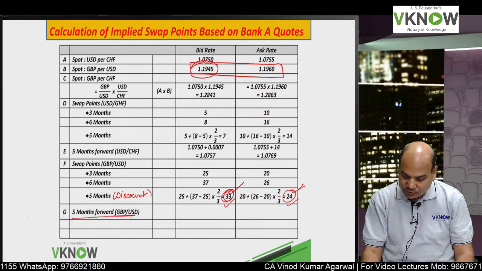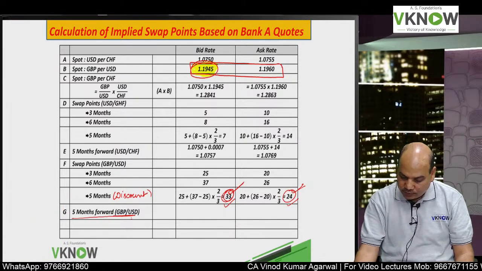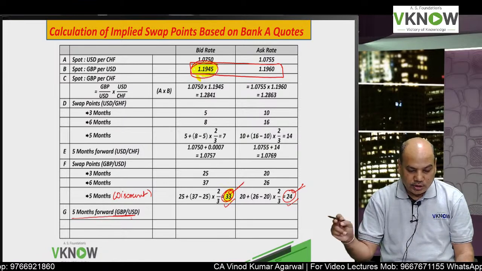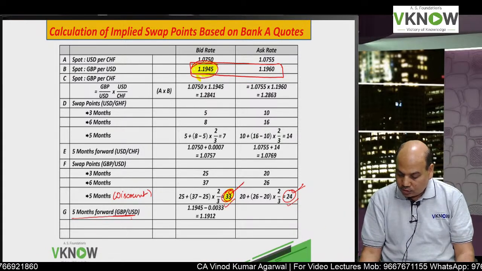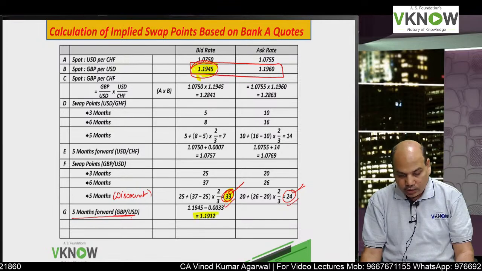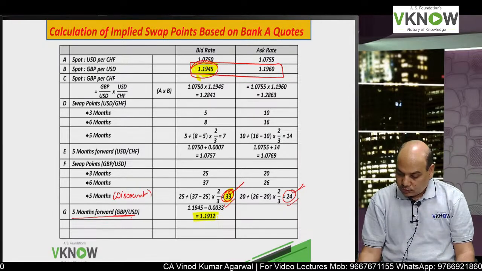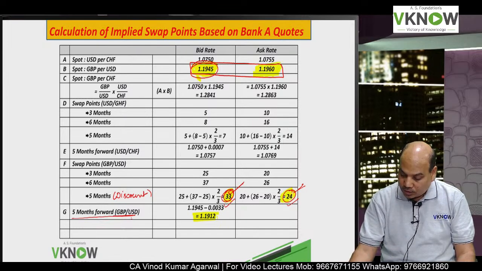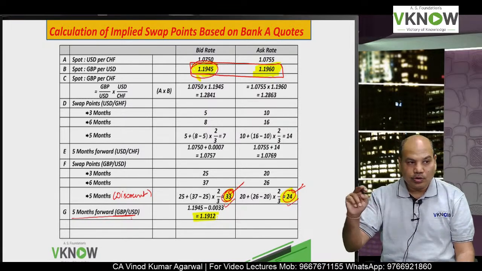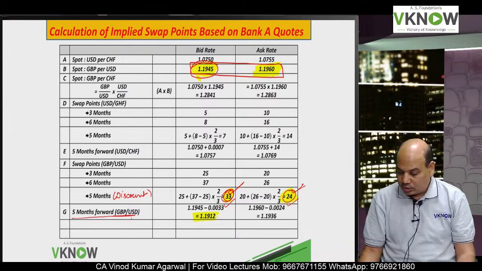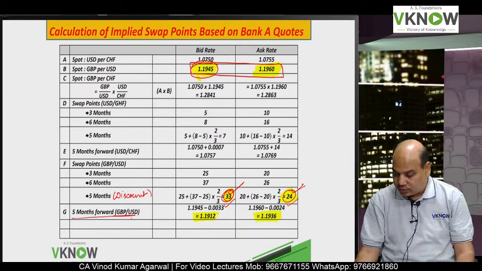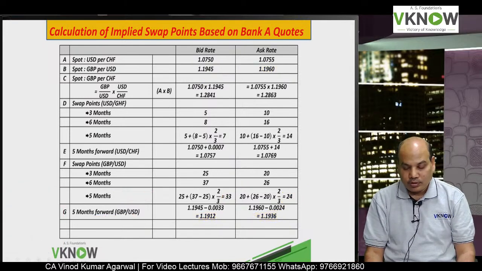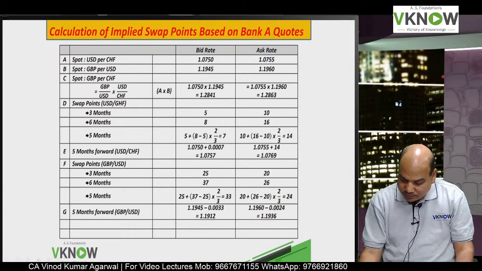So please take 1.1945 minus 0.0033. That will give you 1.1912. Similarly, take 1.1960 minus 0.0024. That will give you 1.1936. Now, interesting thing.